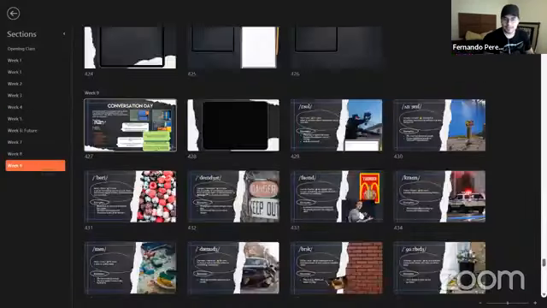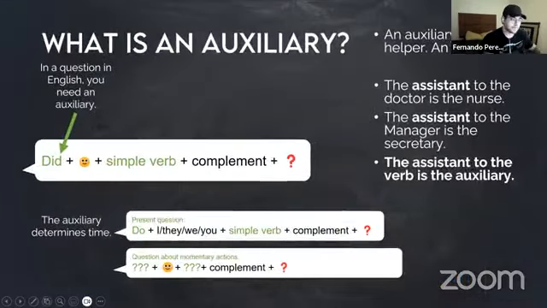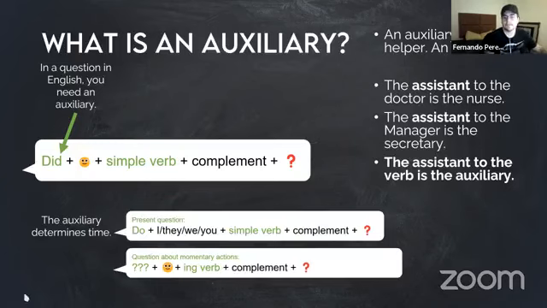So let's complete the formula. If you are talking about momentary actions, you need an ing verb, right?